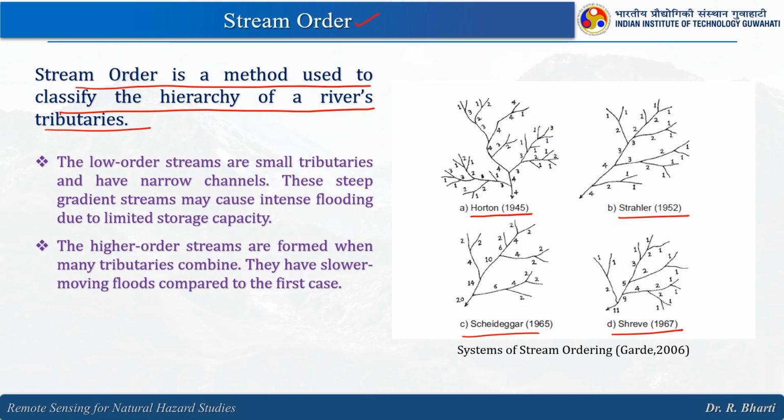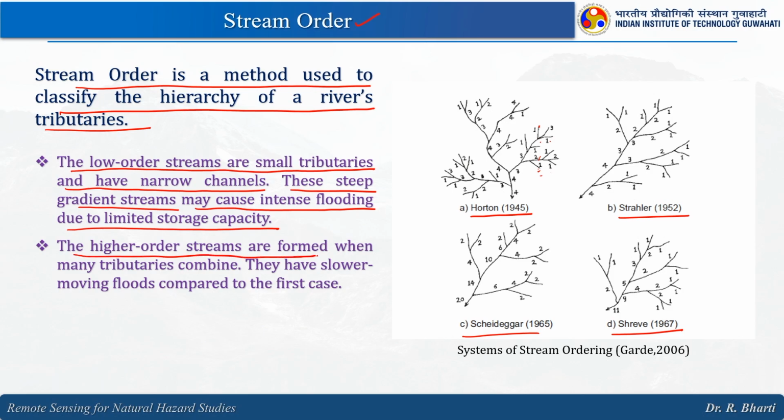You can see here how it is given the number. The low order streams are small tributaries and have narrow channels. These steep gradient streams may cause intense flooding due to limited storage capacity. The higher order streams are formed when many tributaries combine. They have slower moving floods compared to the first case.